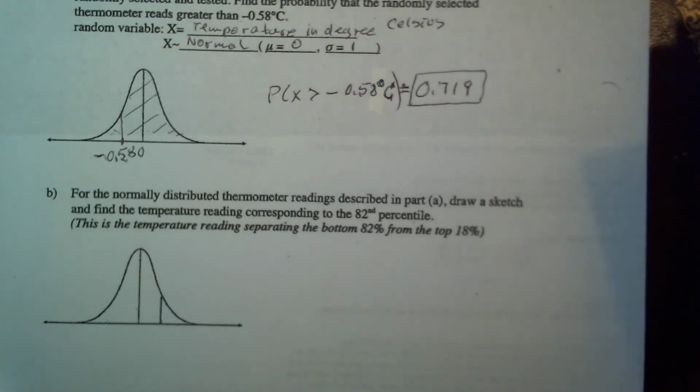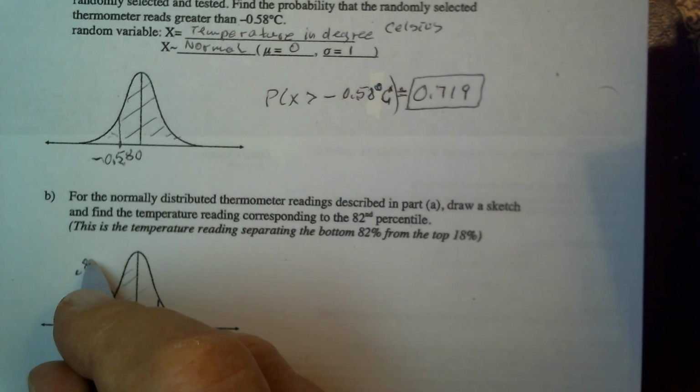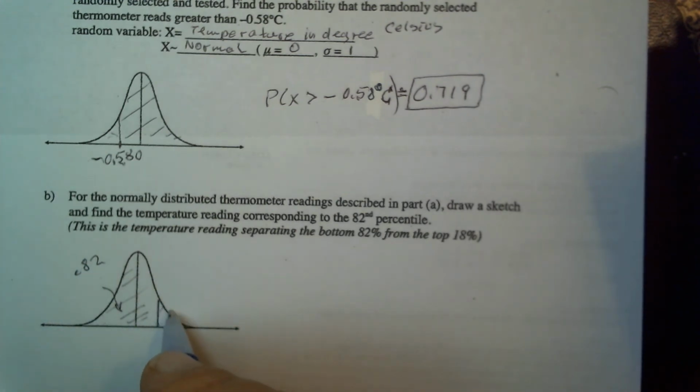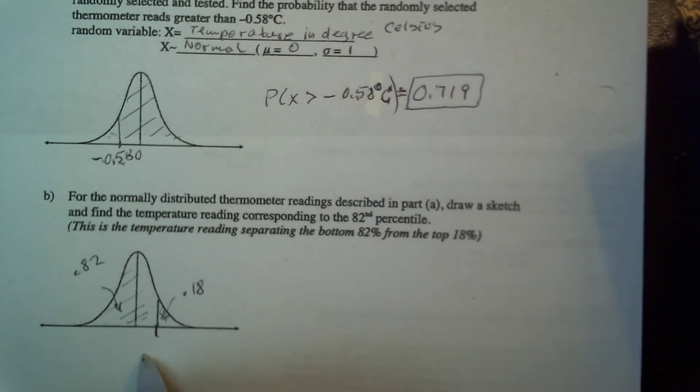We know this area here is 82%, or 0.82, and this area here is 0.18. When we look up the z-score corresponding to 0.82, we find that it is equal to 0.915. That would be the temperature reading.